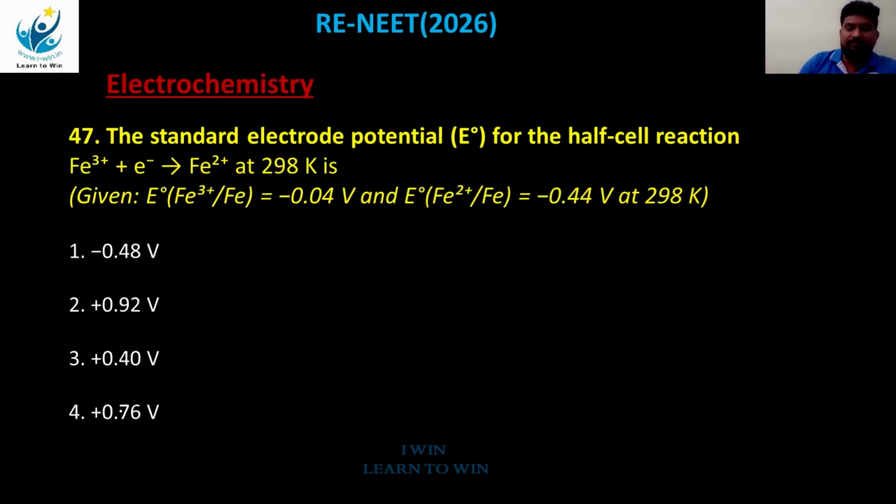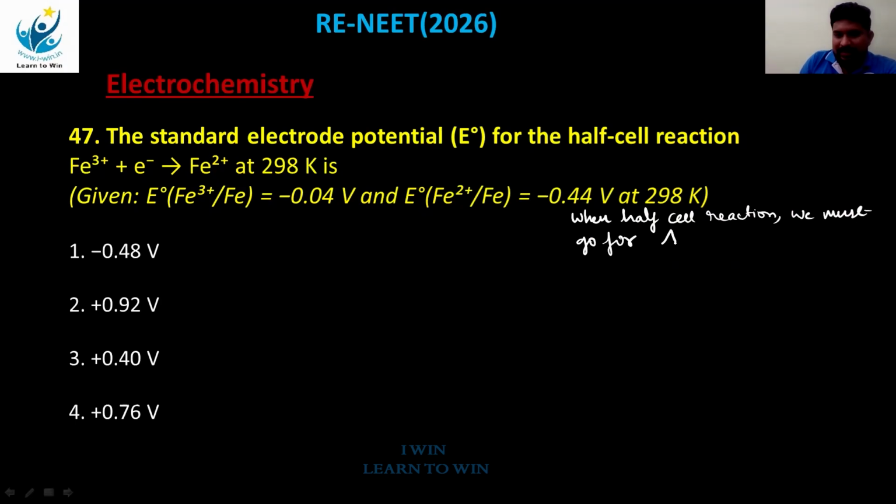When half cell reaction, we must go for the delta G formula. Now what is this delta G? Delta G naught is equals to minus nFE naught. According to this one, we are going to find out the answer.